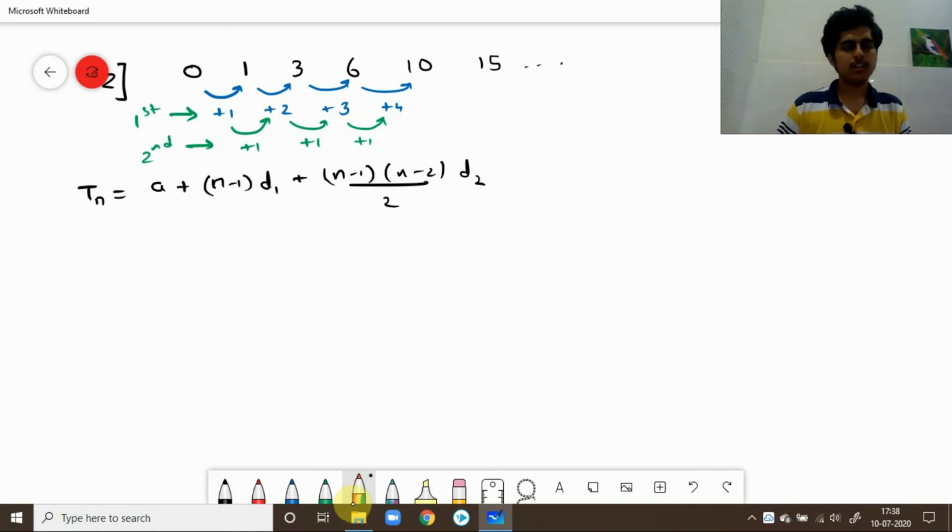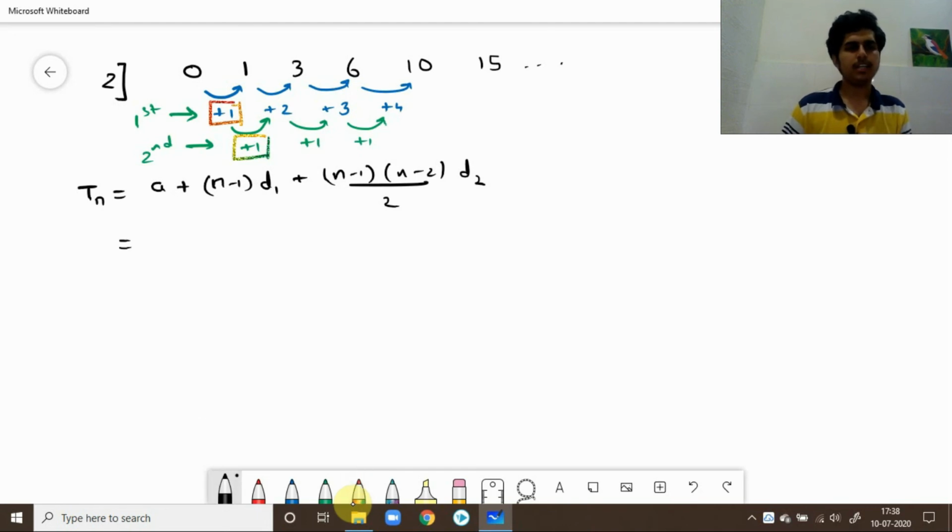Now if you ask me what is this d1 and d2, d1 is nothing but the first difference, in this case it will be 1, and d2 will be the second difference which is common. So if I want to write an nth term for this example itself, what will it look like?